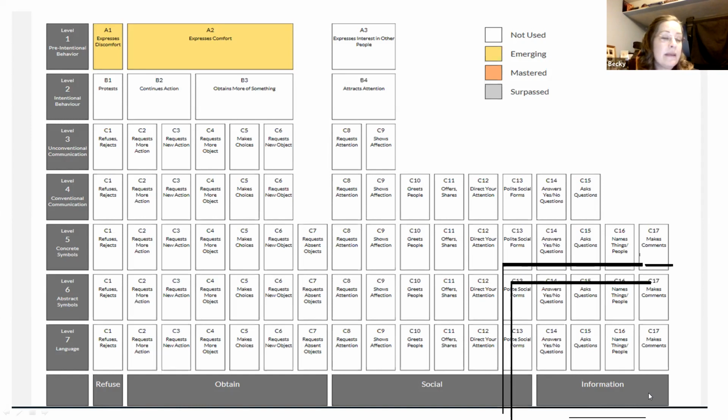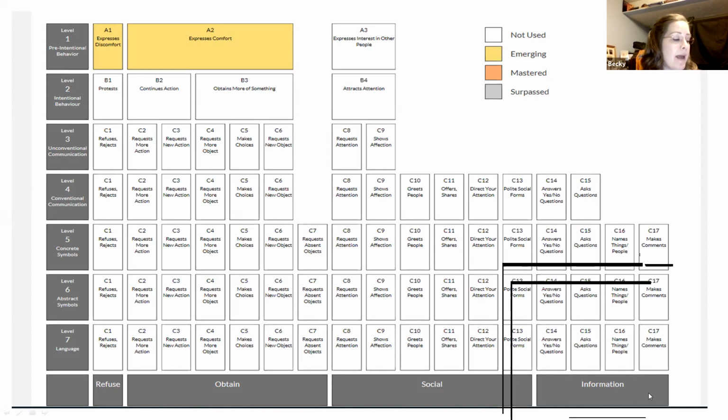And that could be communication such as nodding your head yes or no, or turning toward or moving away from somebody, waving and hugging, and looking at the person, at the teacher, at the caregiver, at the parent, and then looking at the object that they desire. And some vocalizations can be used on level 4. And usually we have typically developing children about 12 to 18 months on level 4.